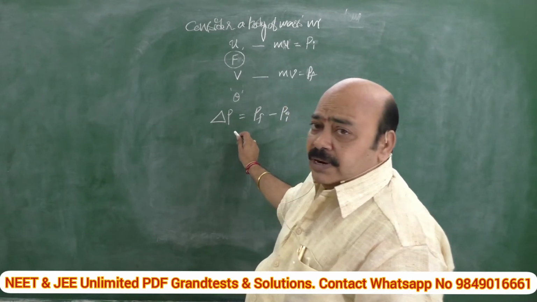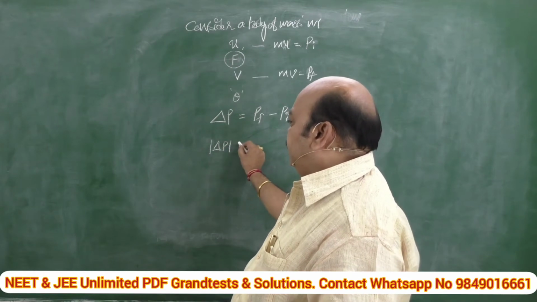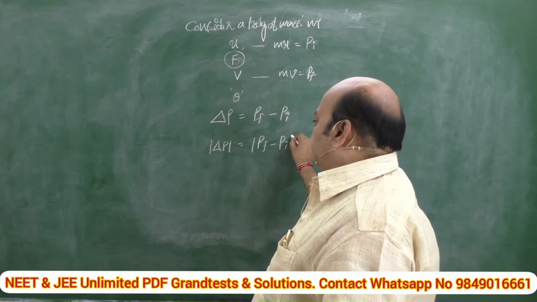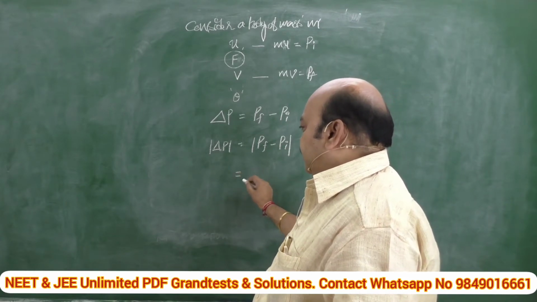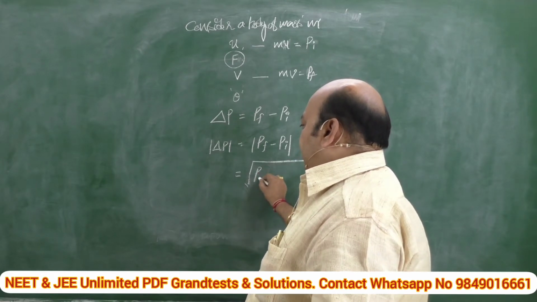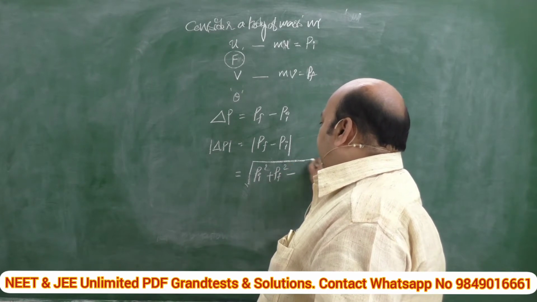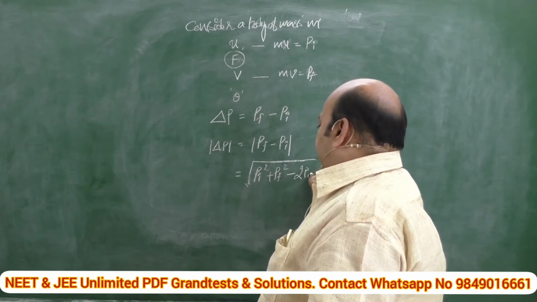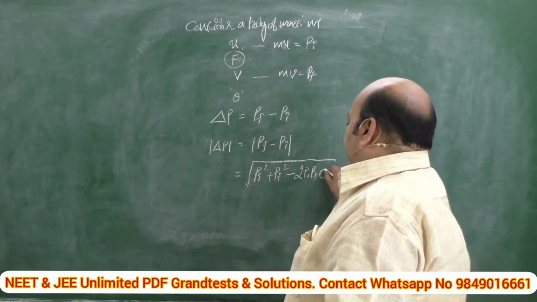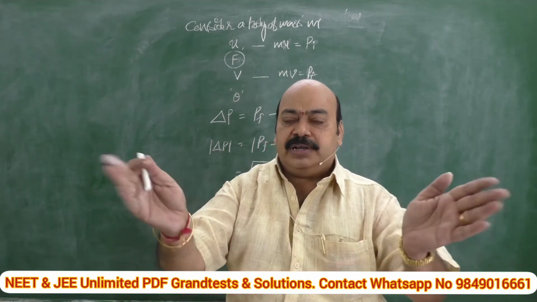When we need the magnitude, it can be written as the magnitude of p final minus p initial, which is nothing but the square root of p i square plus p f square minus 2 p i p f cos theta, where theta is the angle between the initial and final directions of that body.